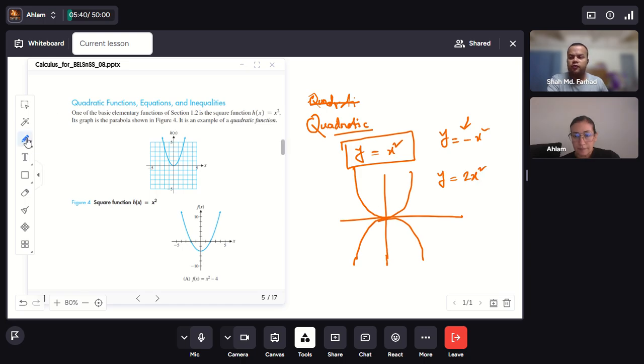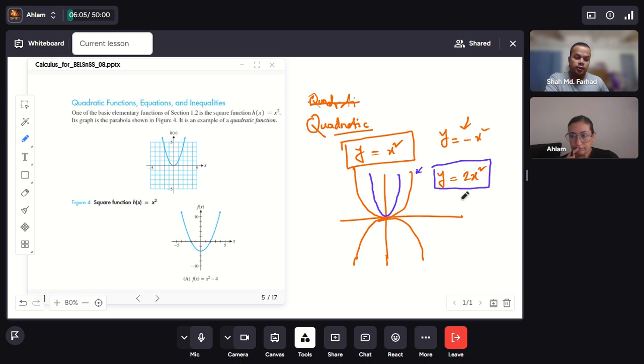Also if we are given y equals 2x square, that means the function will squeeze two times. If we consider this one as the general function, then y equals 2x square will be just like this. It will squeeze two times compared to the general function, right?